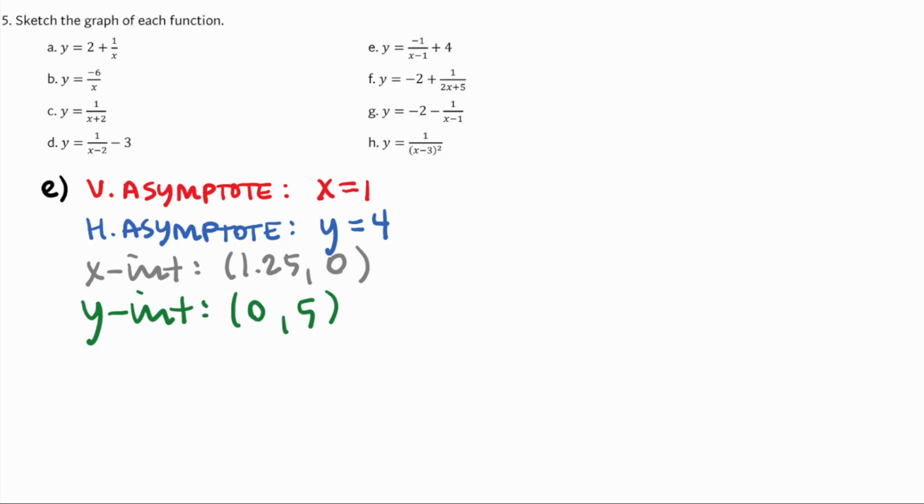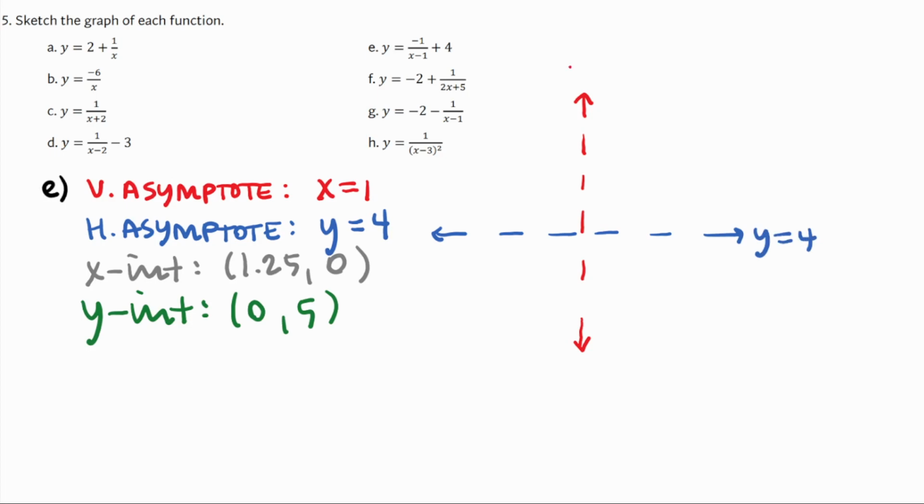All right, so vertical asymptote, x equals 1. I'm going to start with the asymptote since I'm on a blank slate. The horizontal asymptote is going to be y equals 4. I'm going to label that, and I kind of wish I had, but let's get that right. Y equals 4.